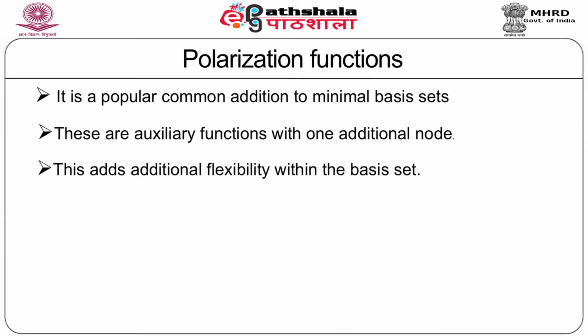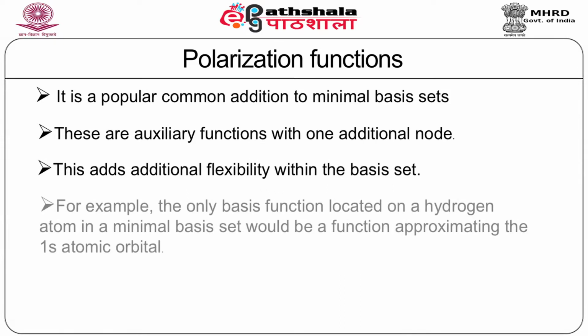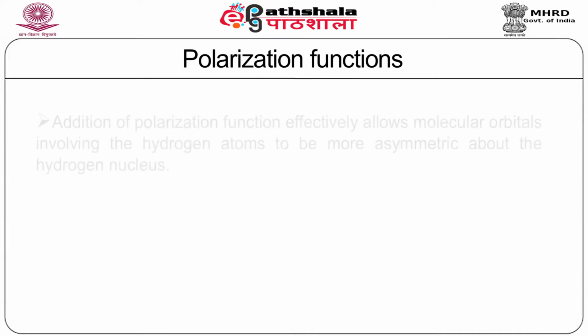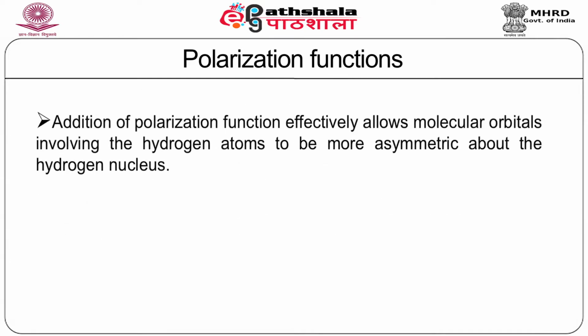This gives additional flexibility within the basis set. For example, the only basis function located on a hydrogen atom in a minimal basis set would be a function approximating the 1s atomic orbital. Addition of polarization functions effectively allows molecular orbitals involving the hydrogen atoms to be more asymmetric about the hydrogen nucleus.